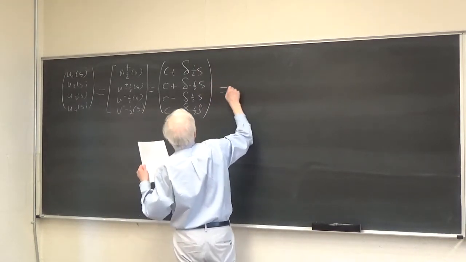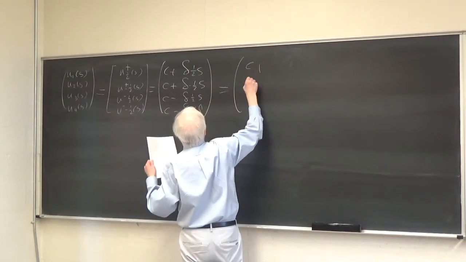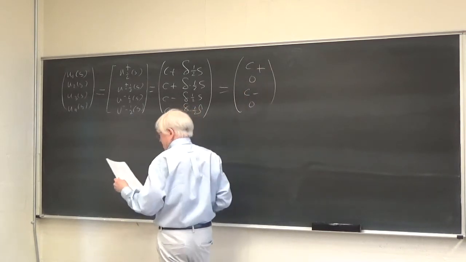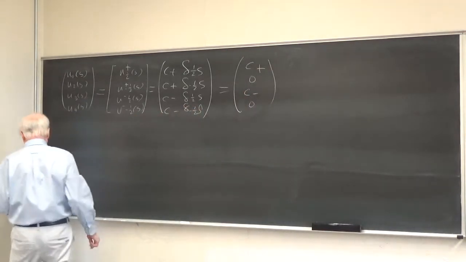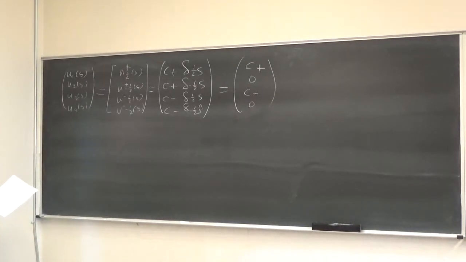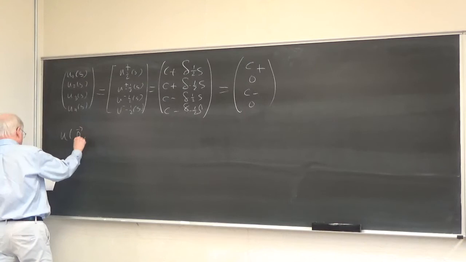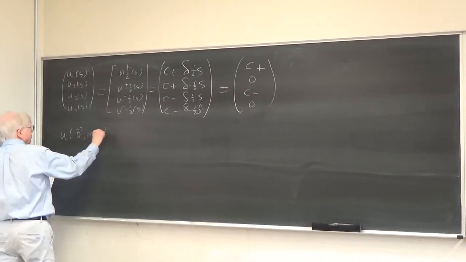And of course, this would just be C plus 0, C minus 0. So the U spinors are U of 0 for M equal to a half.